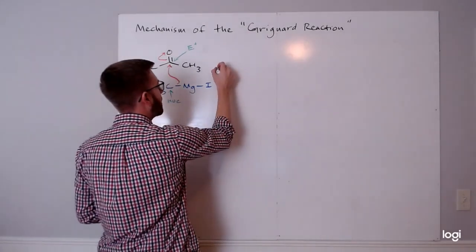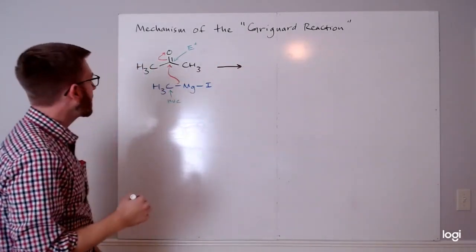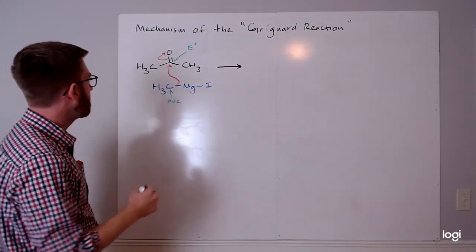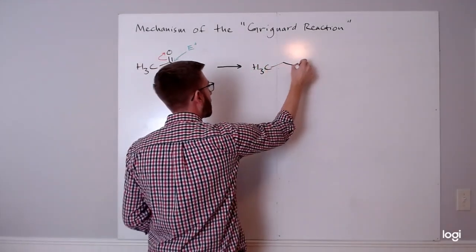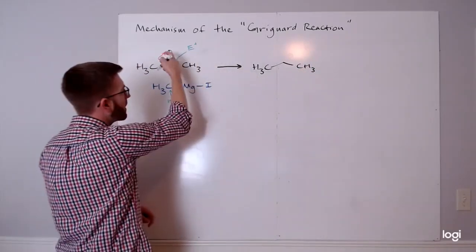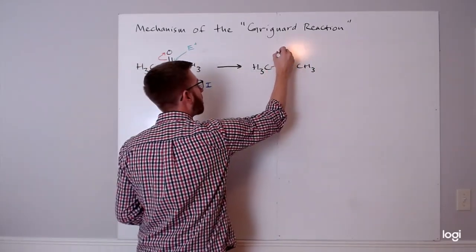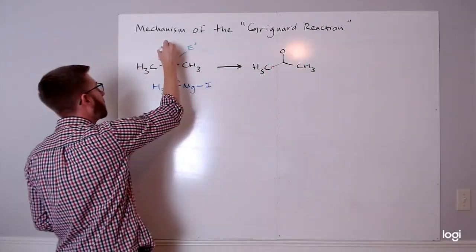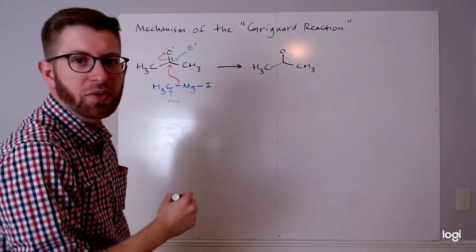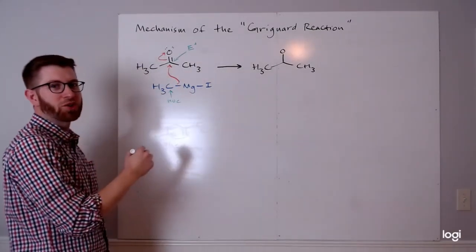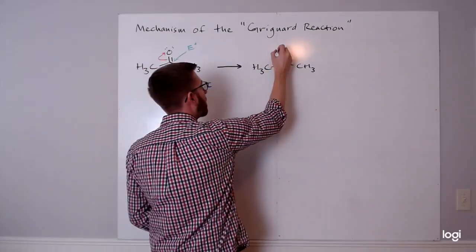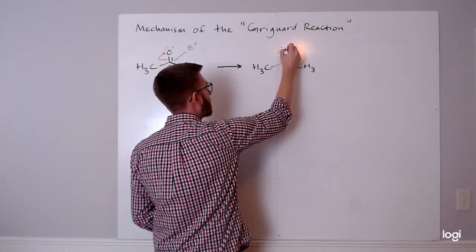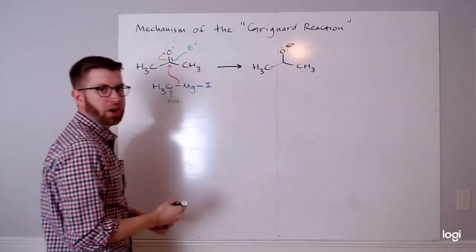If I follow these steps, it looks to me like I should have a new carbon-carbon bond, 3 different methyl groups, thus the color coding, and 1 less C=O bond. If I started out with 2 lone pairs on the oxygen, I'm now going to have 3 lone pairs, making it negatively charged.